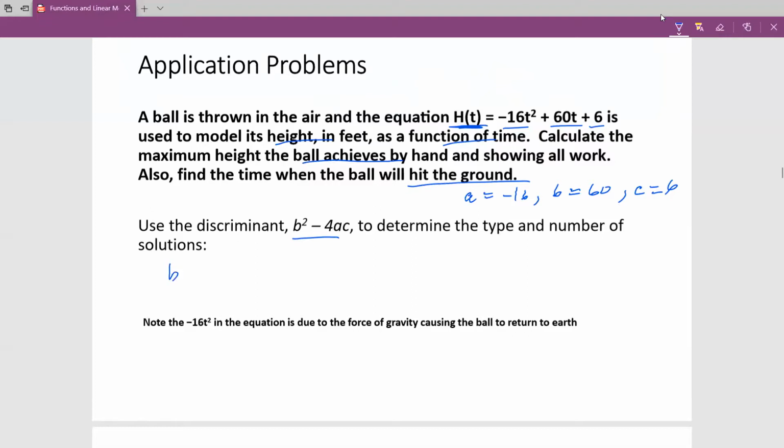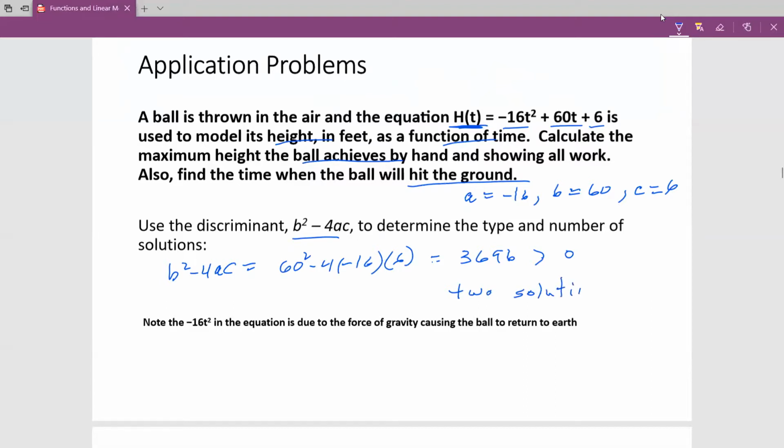So B squared minus 4AC is 60 squared minus 4 times minus 16 times 6, which equals 3696, which is more than 0. So there are two solutions.